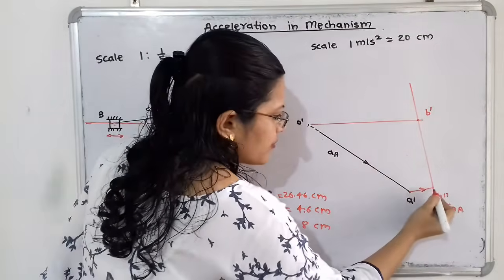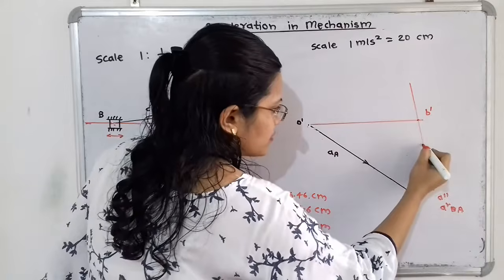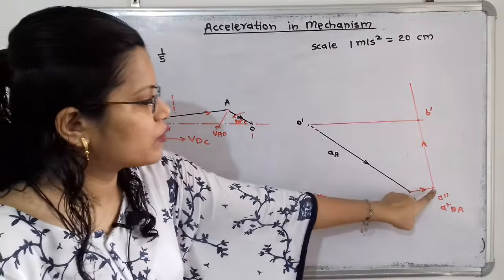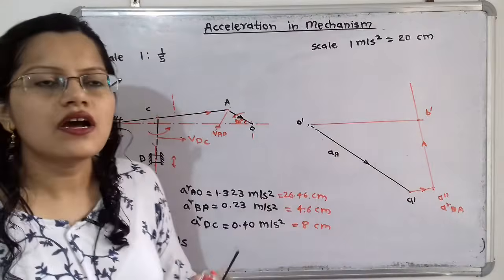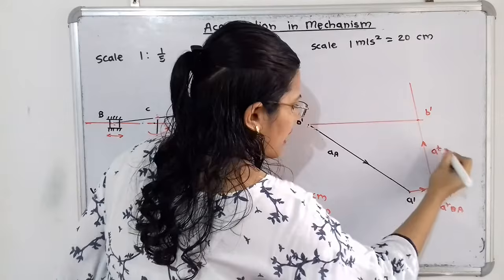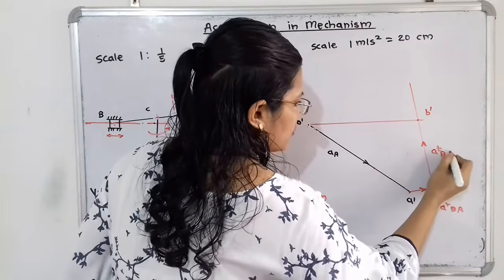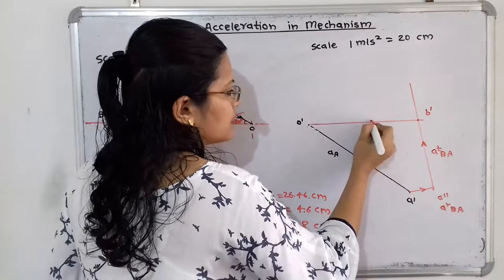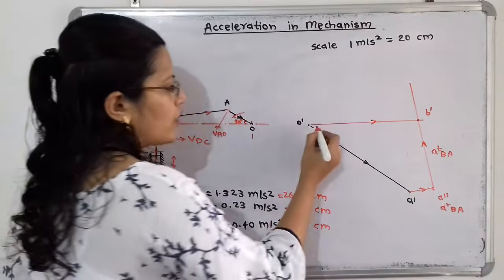So here from A double dash to B dash, so this is the tangential component, and here we have to show arrow because this is the initial point, this is the final point. So I will say that this is the tangential component of BA, that is A raised to T BA. Now here initial point is O dash and final point is B dash. So what this indicates?